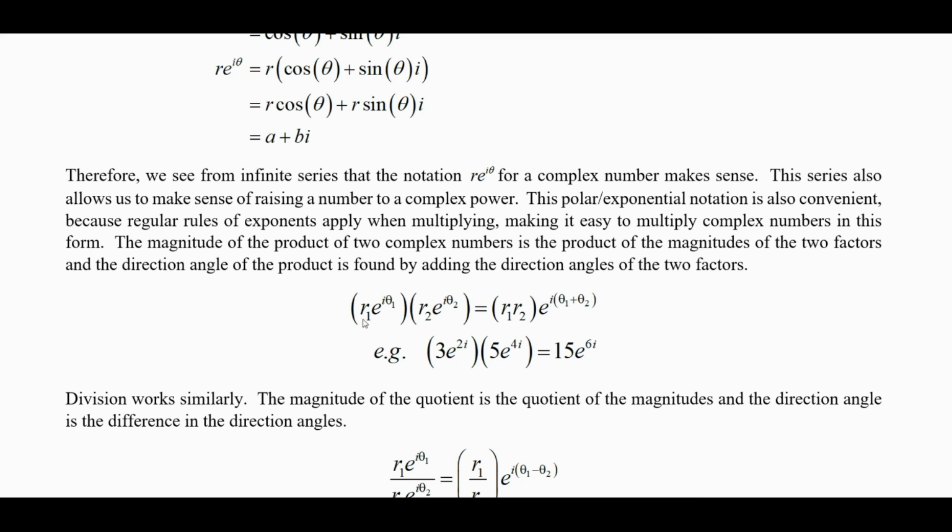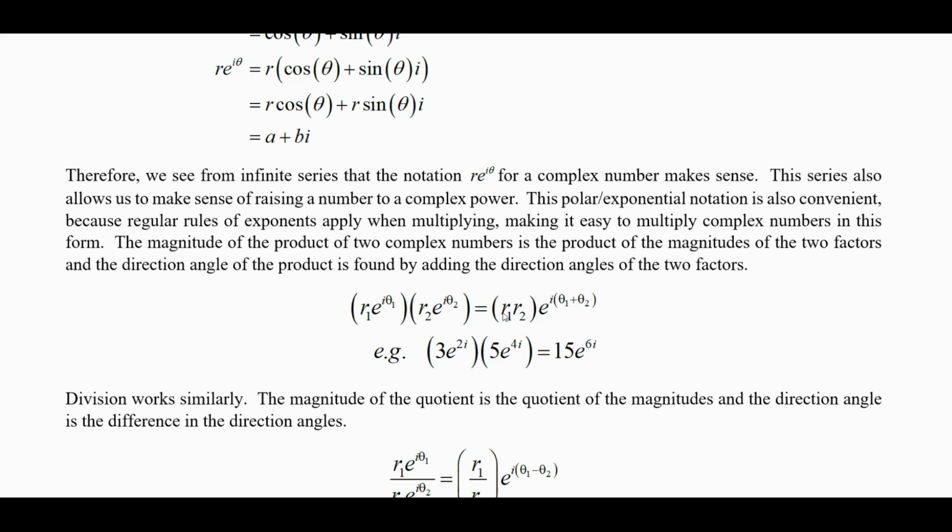Okay, so if you have r1 e to the i theta 1, and we multiply it by r2 e to the i theta 2, you do it just like you would normally do multiplying something like this. You multiply the r1 and the r2, and then e to the i theta 1 times e to the i theta 2, we keep the same base and add the exponents.